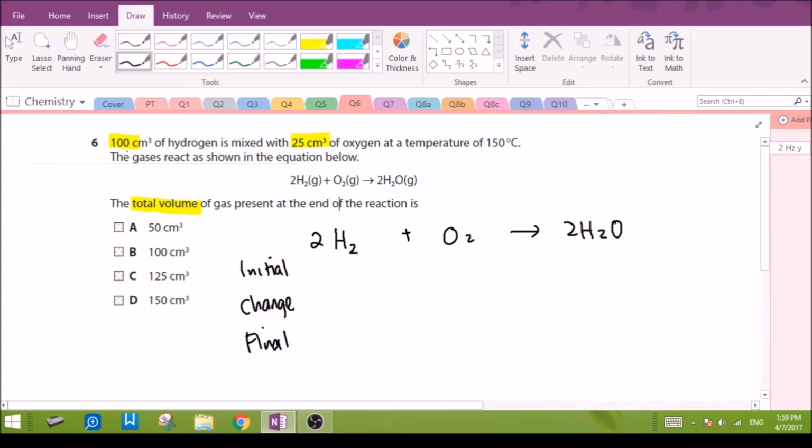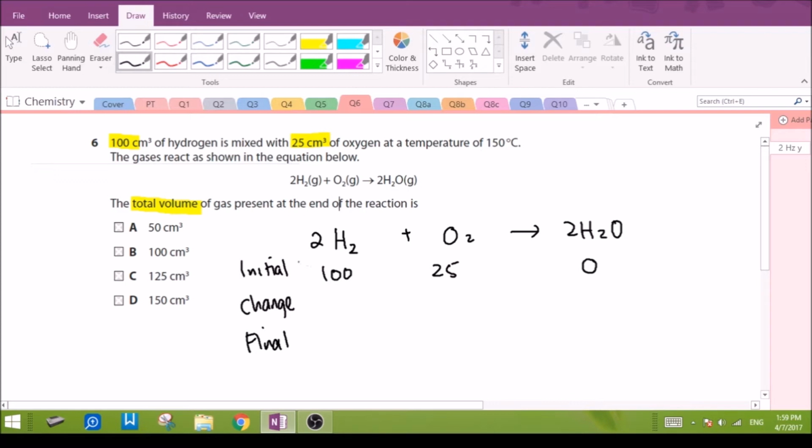So let's see what information we are given. 100 cubic centimeters of hydrogen is used, and then it is mixed with 25 cubic centimeters of oxygen. There isn't any steam formed at the beginning, so volume of steam is 0.